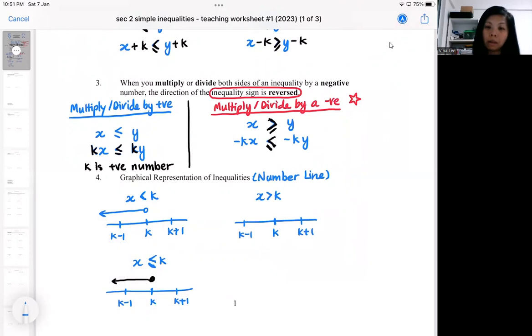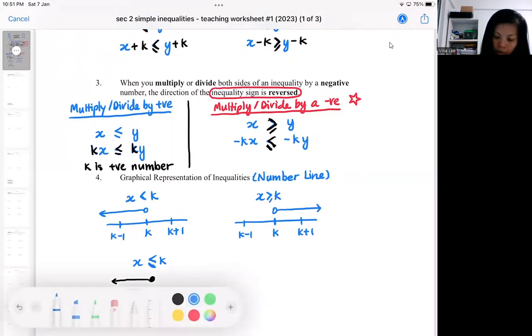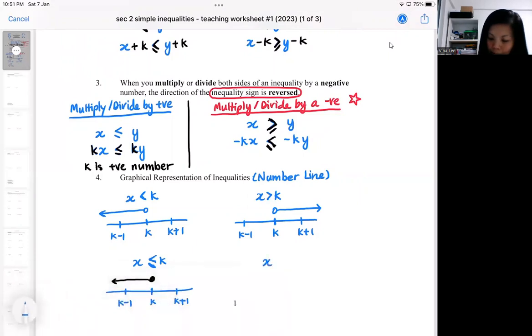If x is greater than a certain number, we are referring to the numbers on the right side. And if there is an equal sign, we are still referring to the numbers on the right side, but k is included.